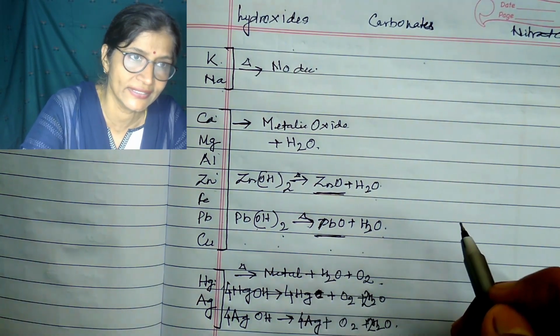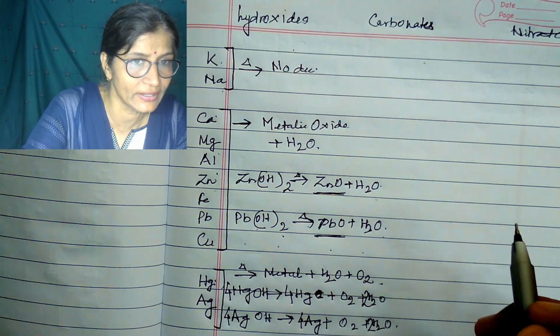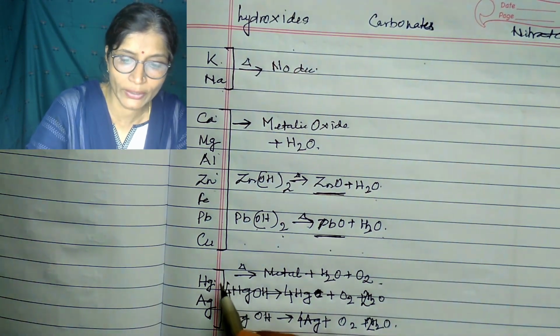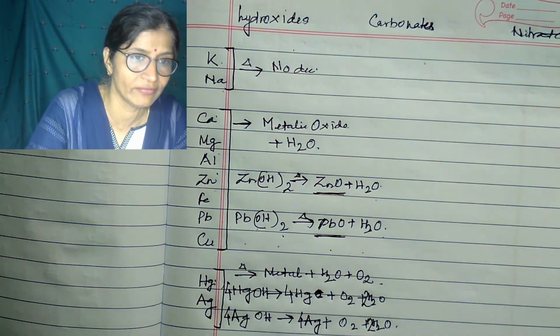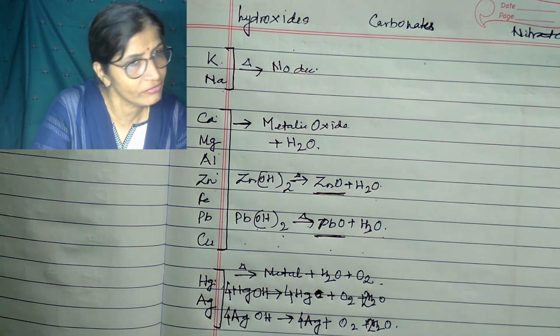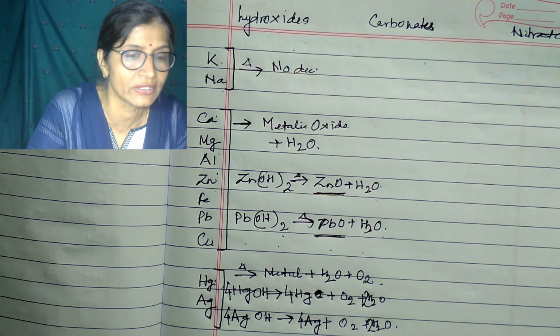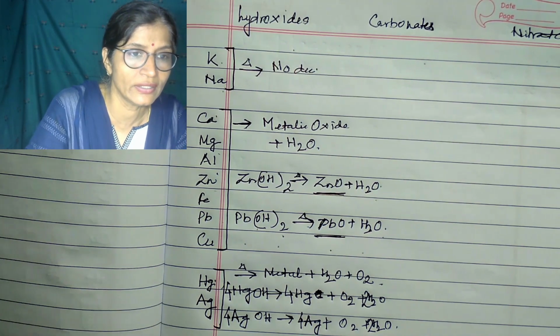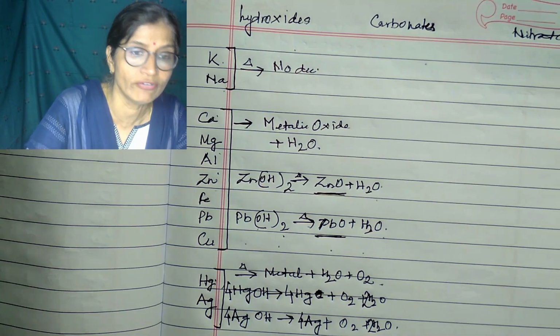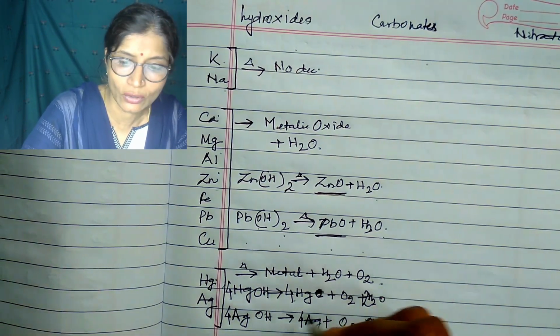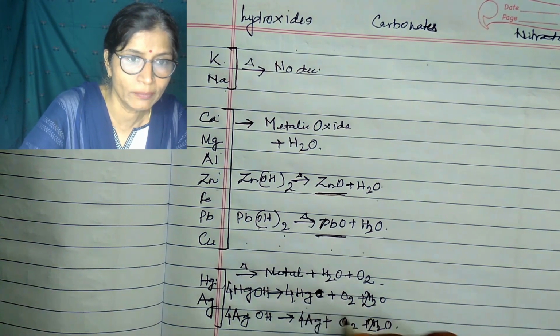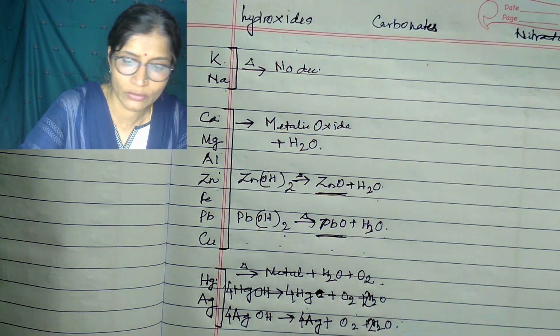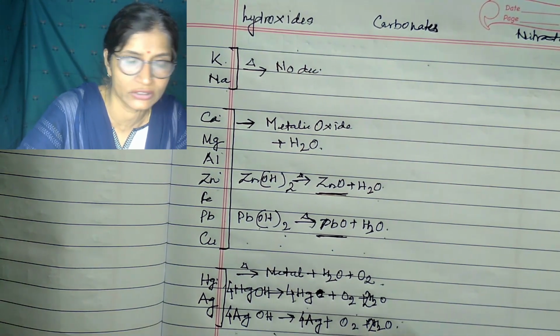Aluminum hydroxide, when heated, gives aluminum oxide and water. But mercury and silver are the least reactive metals. So what happens? Initially, they form oxides of the metal plus water, but these oxides are even unstable. So with a little heat, they will decompose and give metal and oxygen. So the overall product is metal plus oxygen plus water. So silver hydroxide when heated gives silver, oxygen and water.